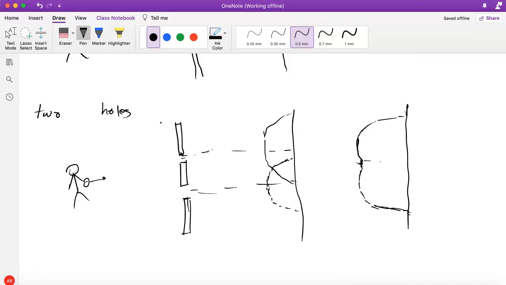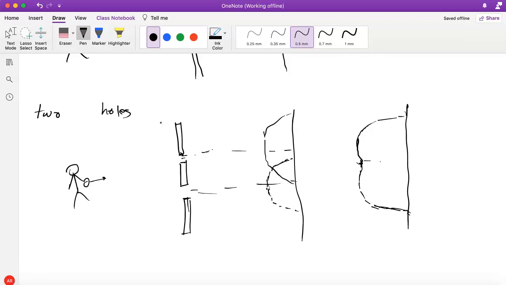But then there's also something quite remarkable, right? Because where these fringes occur is an experimental fact. It's an observed quantity, like the distances between these. And we know that for light, that distance between fringes is determined by the wavelength.